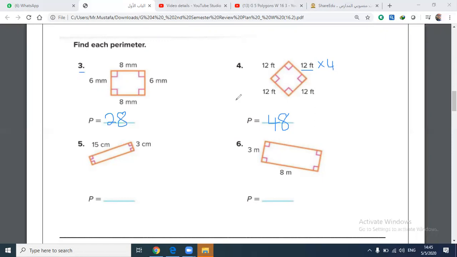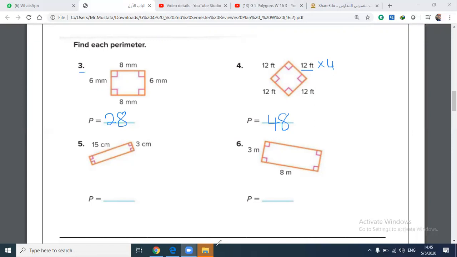Excellent. Next one, number 5, I have this rectangle. This should be 15, the same, and the other side should be 3. So I can find the perimeter. Muhammad, you know the answer? 36.